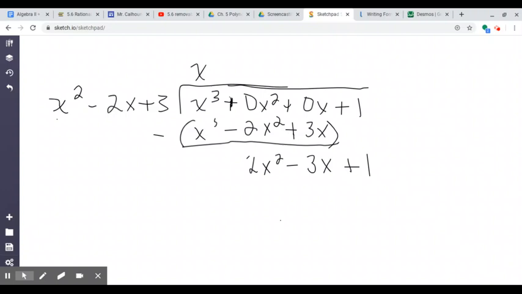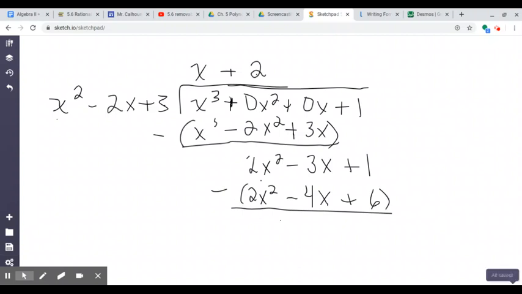And now we're going to continue again. X squared goes into 2x squared 2 times. So this is plus 2. So 2 times x squared is 2x squared. 2 times negative 2x is negative 4x. And then 2 times 3 is 6. So now we're subtracting each line.